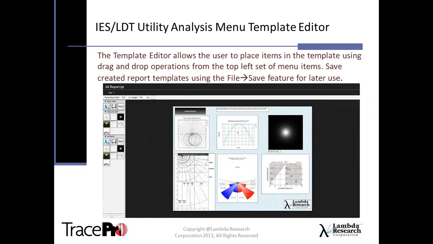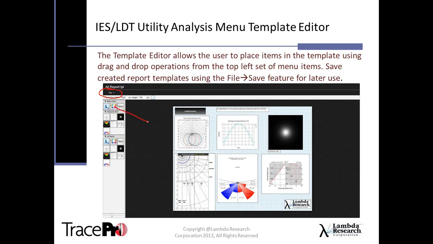The template editor allows you to place items into the template by using drag and drop operations from the top left set of menu items that are shown here. You can then save these using the File Save feature underneath the File menu here. And so what pretty much has been done here is that I've grabbed several of the menu items.